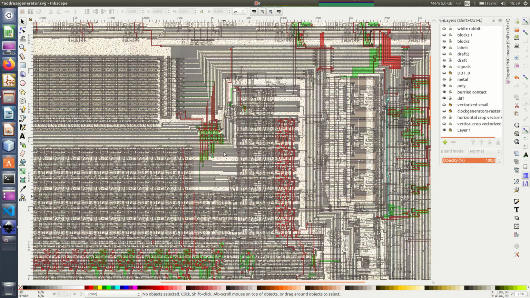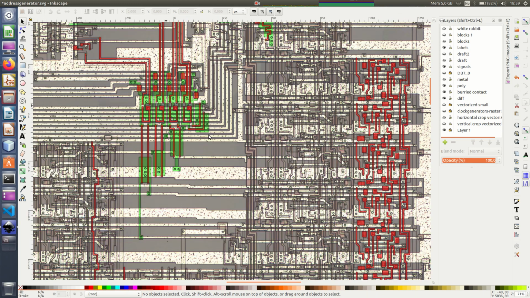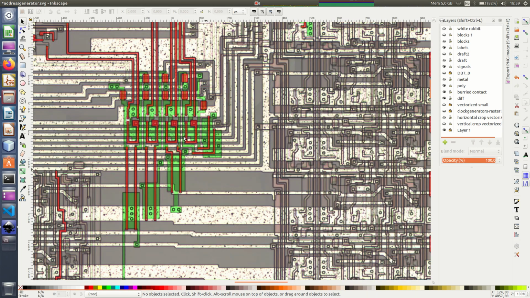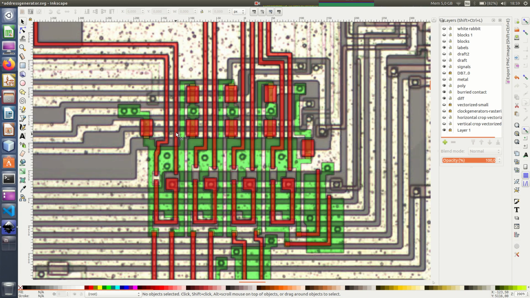To be able to put an address out on the address bus, we need to do it at a certain point. And this is where it becomes a bit difficult. So we have here all the lines coming in, and we can see some weirdness going on here before it actually comes out on the internal bus here. So let's have a look at that. They come down here.